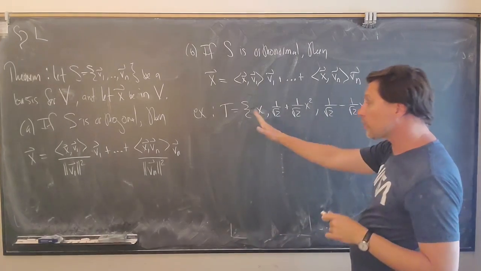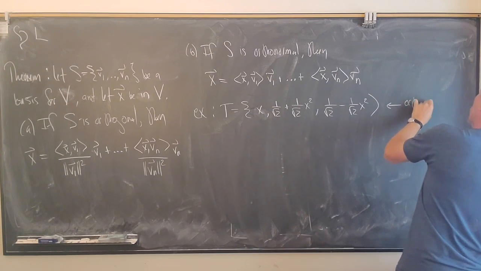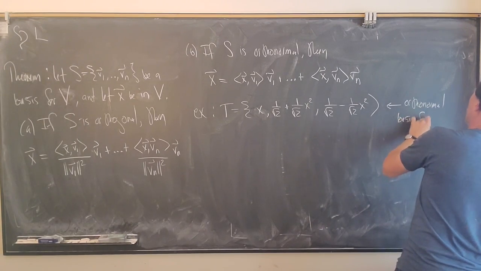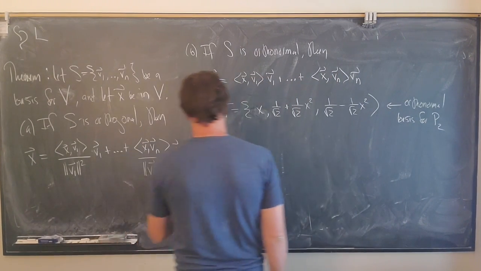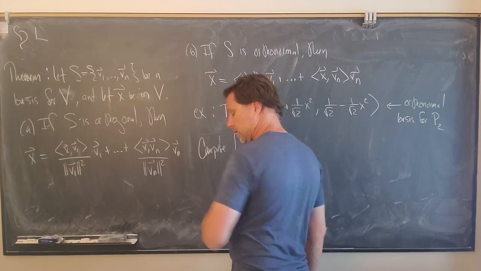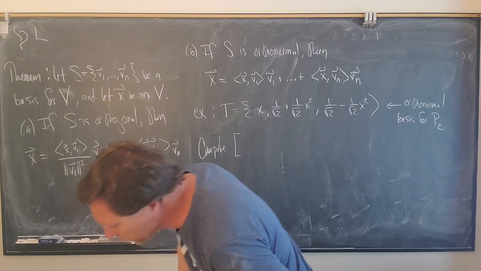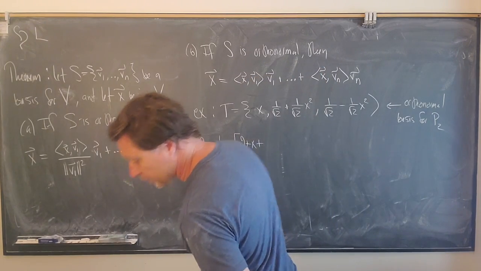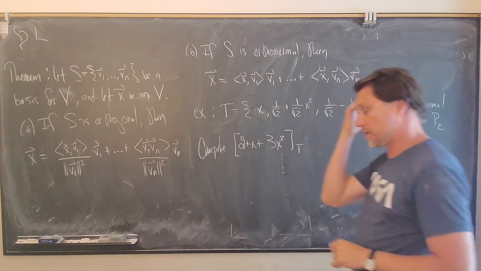So this is an orthonormal basis for P2. And what I'd like to do is compute the coordinates relative to T of the following polynomial: 2 plus x plus 3x squared. All right, so we're going to do that relative to T.